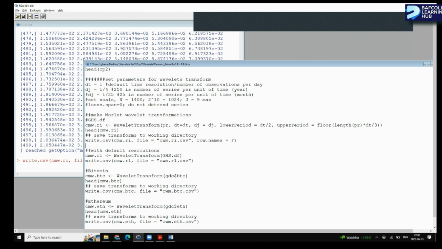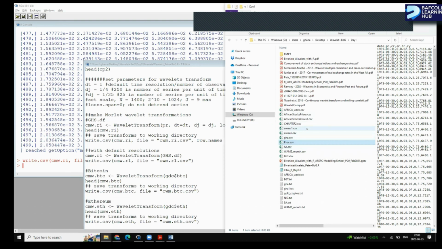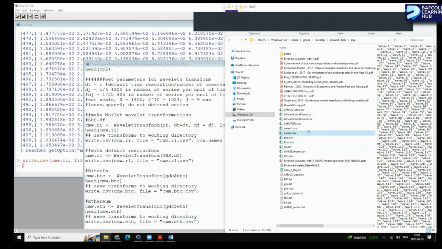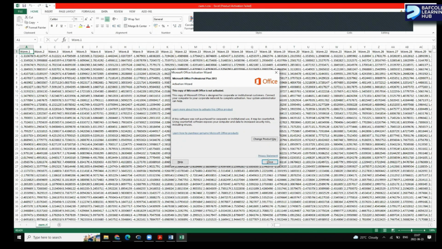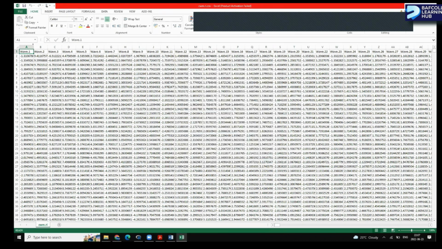So you see what I've done. Once I use the same CMW.RI, it is going to override the previous one. So what is in there will be the current one we just did. As for the partial cost, I'll explain to you.